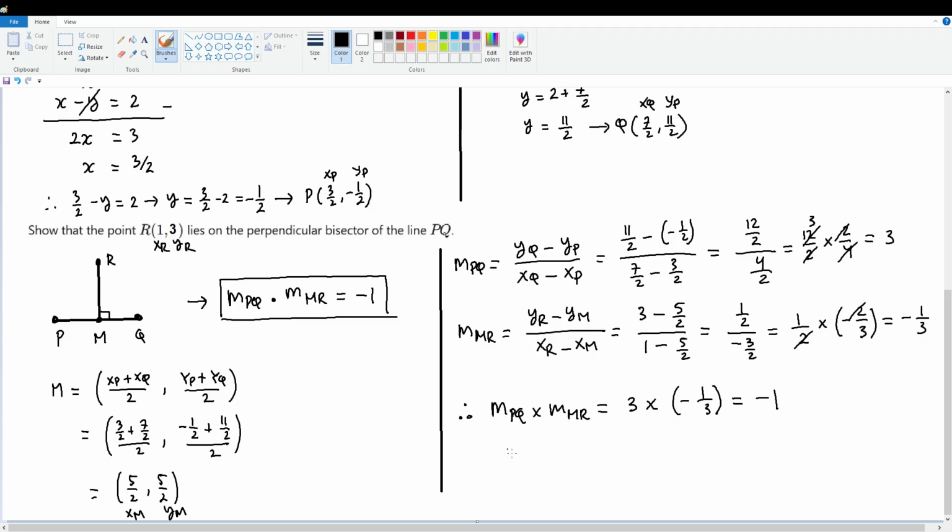So the conclusion here is that the point R (1, 3) lies on the perpendicular bisector of the line PQ.